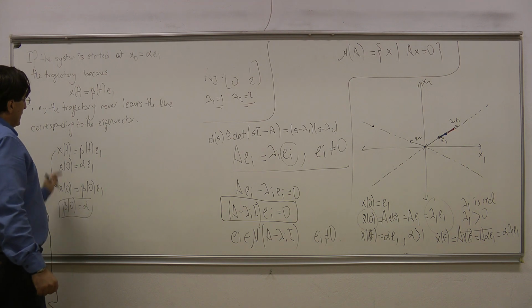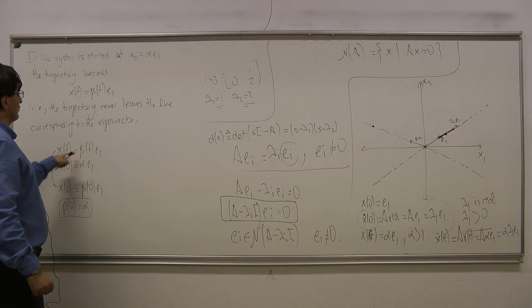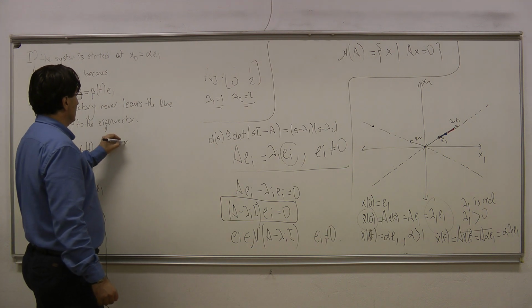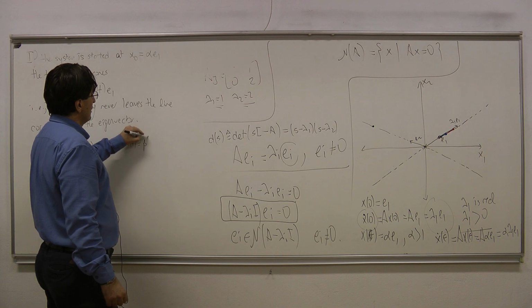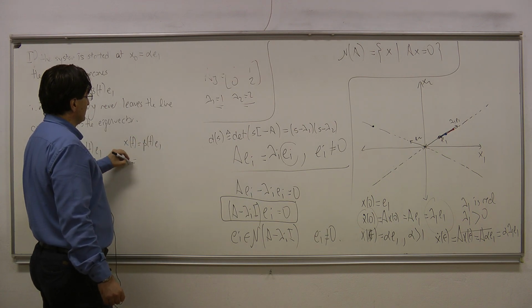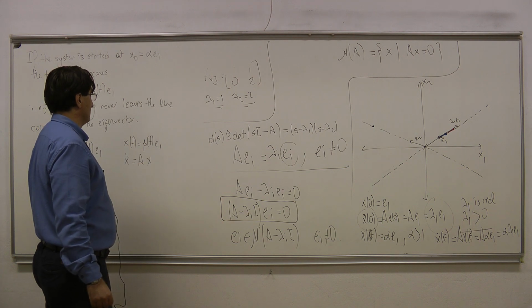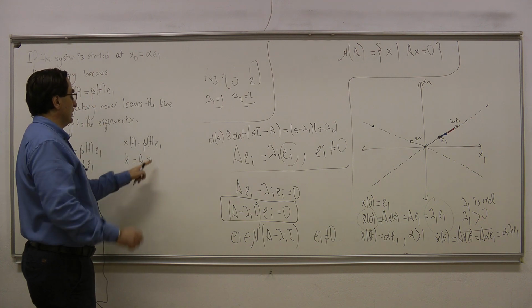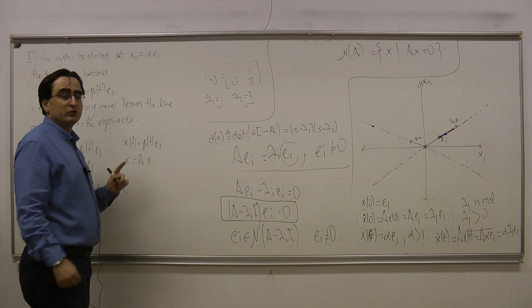Okay? And I know that such a function should satisfy the differential equation of the system. So x of t is equal to beta of t times E1, and I know that x dot is equal to A times x for this system. So this function has to satisfy this differential equation.